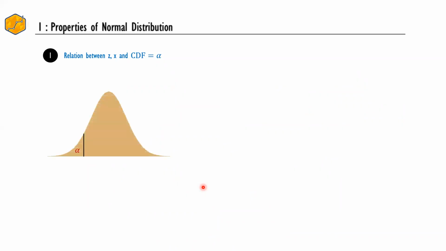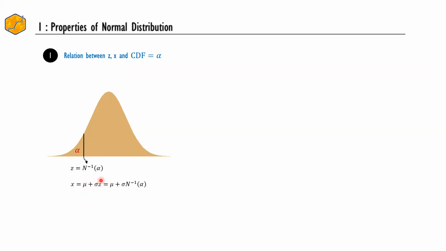but nevertheless. So if you have a normal distribution, and then there is some probability alpha, that's the CDF, cumulative distribution function. You can calculate the Z value here and also the X value here. So Z is given by inverting the probability, N inverse alpha. And X is given by mu plus sigma Z. Never forget this formula.